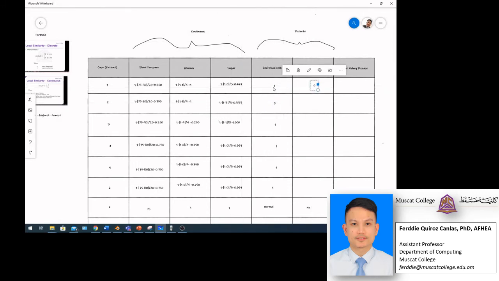Zero, one, 0, Control V. This is 1, sorry. 1, 1, and then 1.